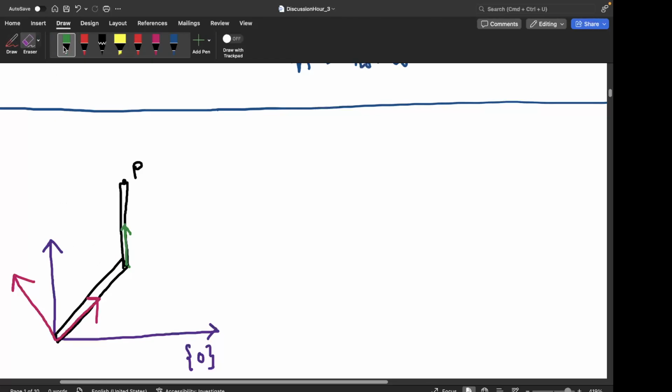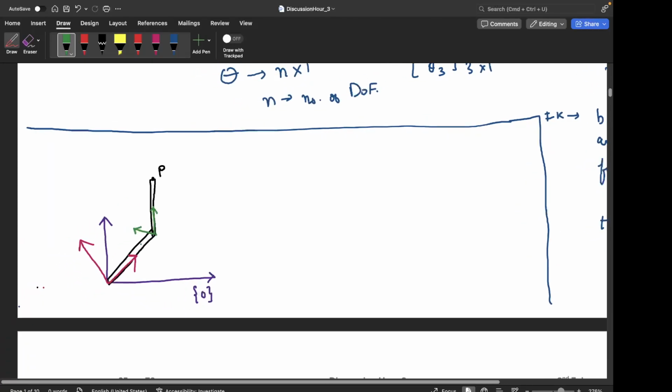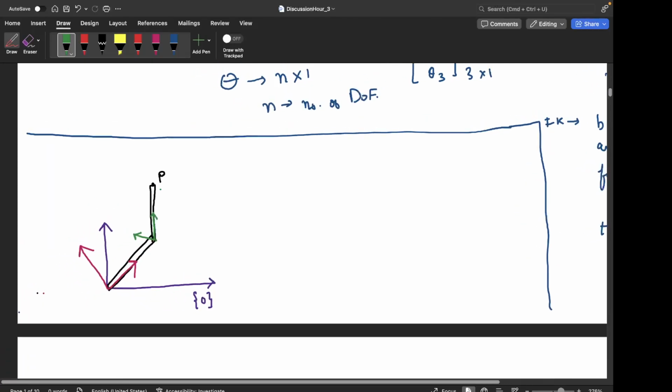Let me just draw this. I think this should be enough. Okay, and finally we have the end effector.